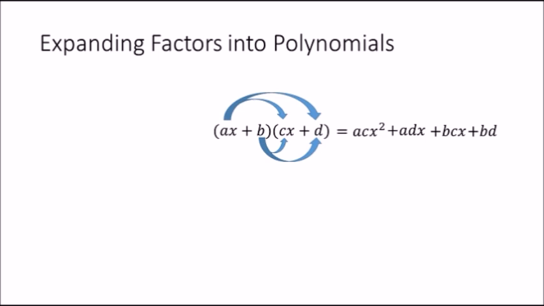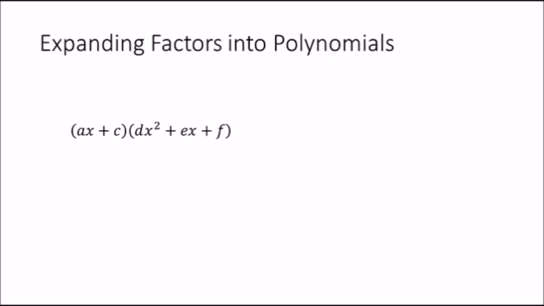With any polynomial, after you've gone through this process, you also need to combine like terms or simplify. So in this case, your outside and your inside terms will both be x to the first power, so you can combine those coefficients. If you have a higher order polynomial and factors, there are going to be additional terms in the expression, but the process is basically the same. You need to take each term in the first parentheses and multiply it by each term in the second parentheses.